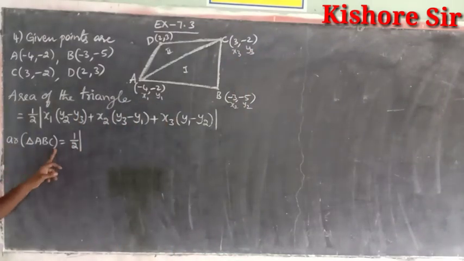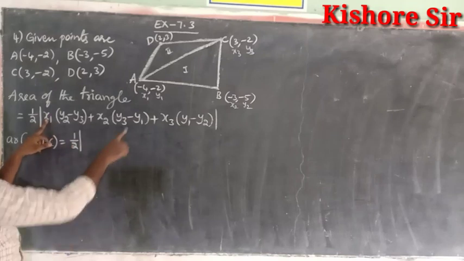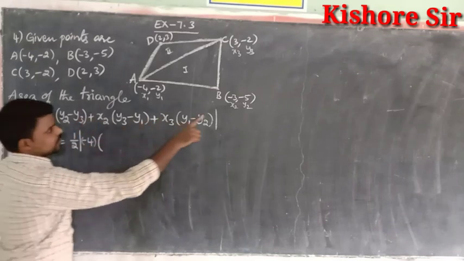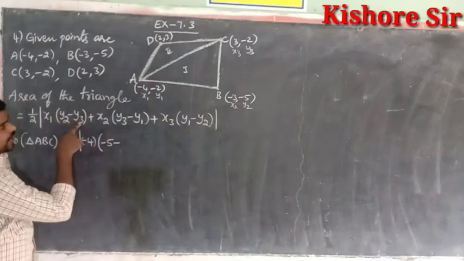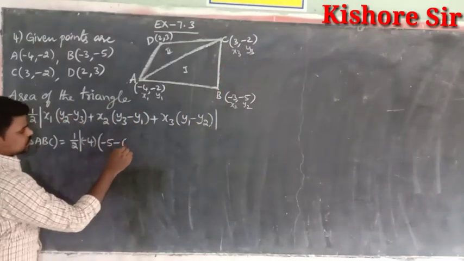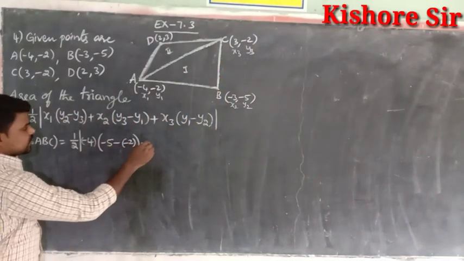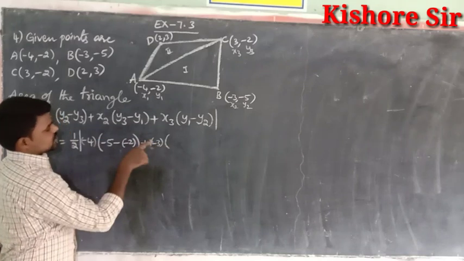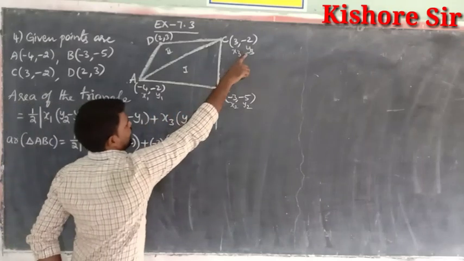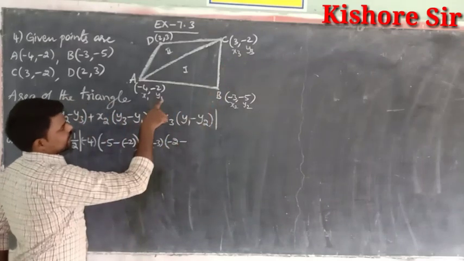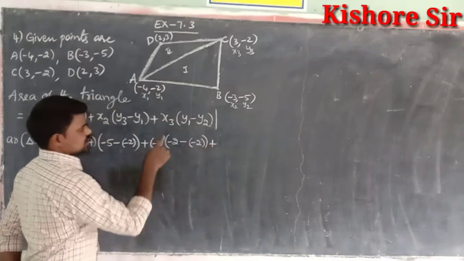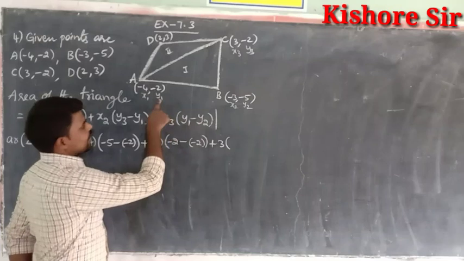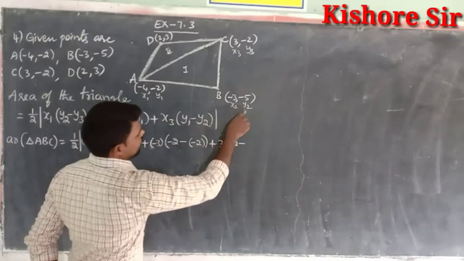So area of triangle ABC is equal to 1 by 2 modulus of x1, the value of x1 is -4, into (y2 - y3): y2 value is -5 minus y3, the value of y3 is -2, plus x2, the value of x2 is -3, into (y3 - y1): y3 value -2 minus y1 value -2, plus x3, the value of x3 is 3, into (y1 - y2): y1 value -2 minus y2, -5.